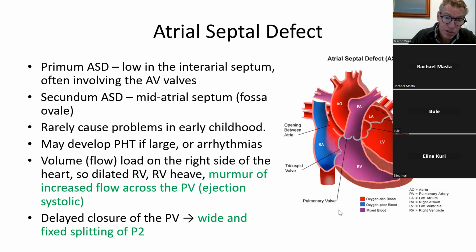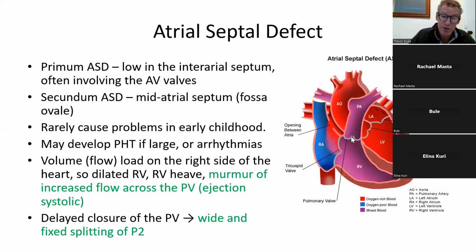The clinical features are of a pulmonary flow murmur in the upper left sternal edge, and that's just increased flow across the pulmonary valve because there's high blood flow. So the blood flows left to right, left atrium to right atrium, then into the right ventricle. And the murmur is because of a high flow across the pulmonary valve here.